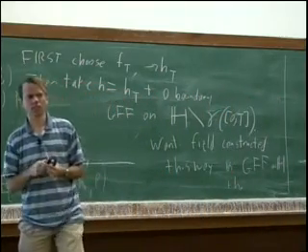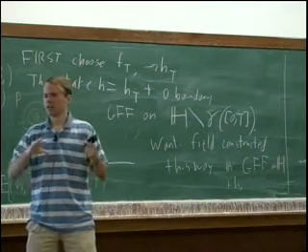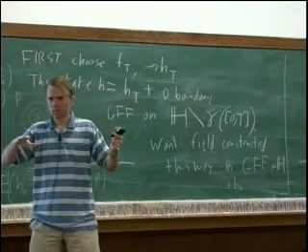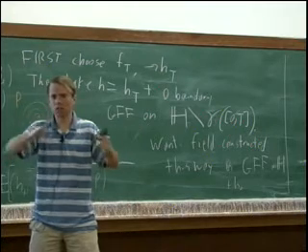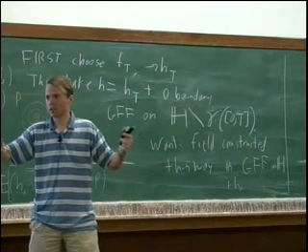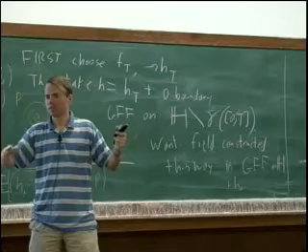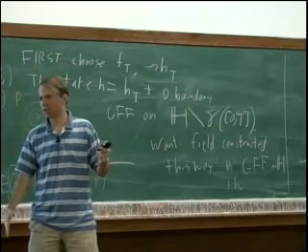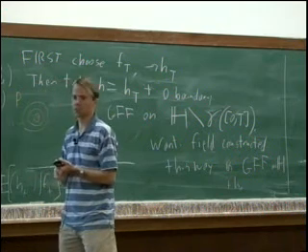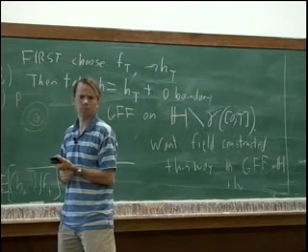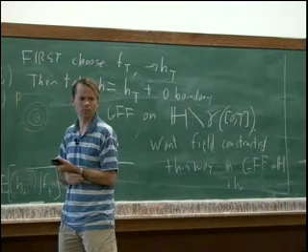Here's a question. Suppose I give you a random variable on R2, and I tell you that if you project that random variable onto any line through the origin, you get a unit variance, mean zero Gaussian random variable.